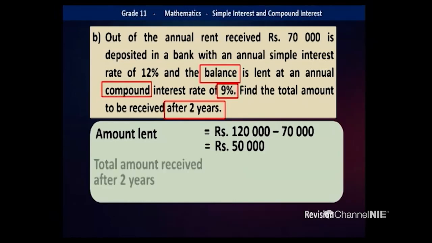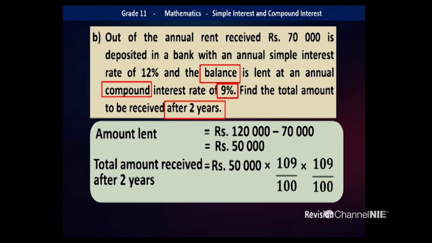Now let us see the total amount he would get from that side. 50,000 into 109 upon 100, that is for the first year. We have studied that short method. Again multiplied by 109 upon 100, that is for 2 years. From this one you get only interest? No. From this calculation you get the entire amount or the full amount.